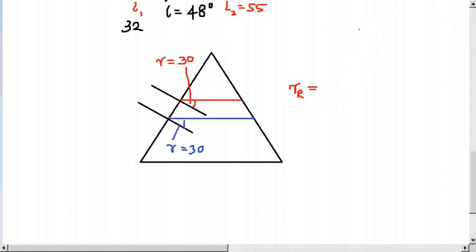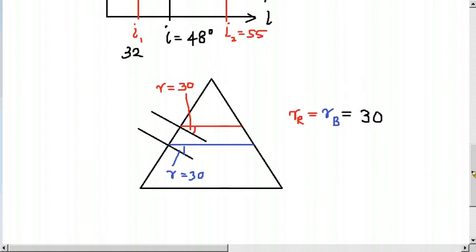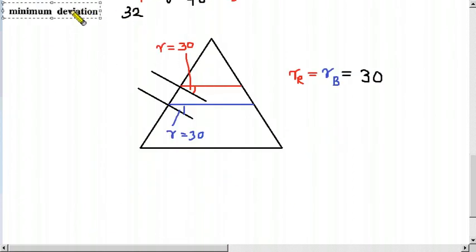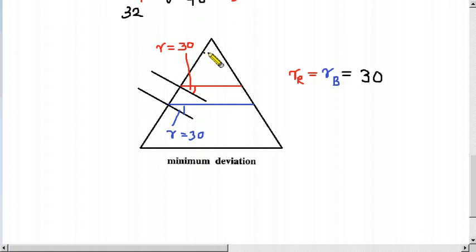Let us write in blue color, R value for blue color, and both are equal to 30. So this is the condition if it is the minimum deviation. Whatever the color, it doesn't matter for R, because R is determined by the angle of prism, capital A.